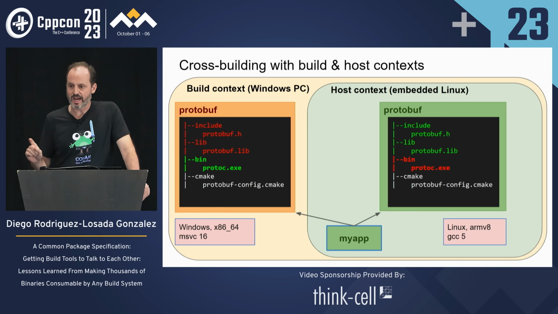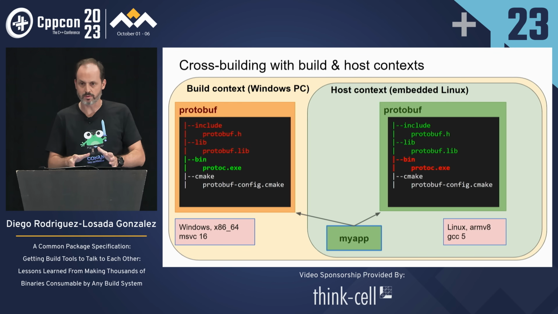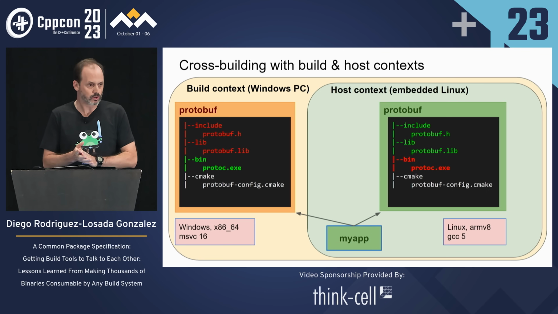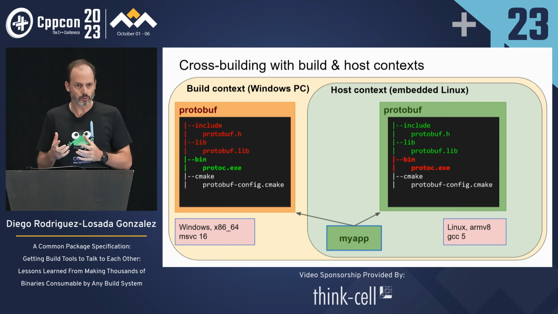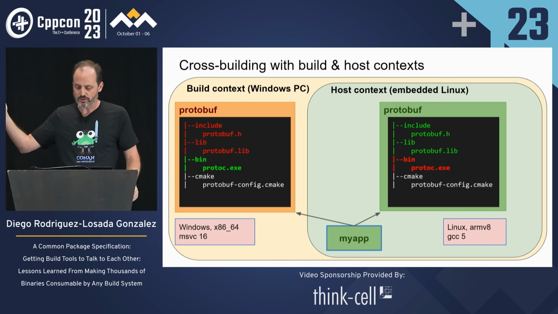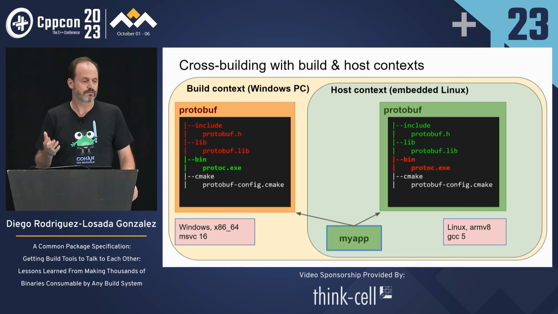Let's say that we are building an application that is going to run on Linux. So on the right side, we have the host context, which is Linux, the machine where my application is going to run. We call that the host context. In this case, my application will have to link with the protobuf lib, compiling the package with Linux, ARMv8, GCC 5.